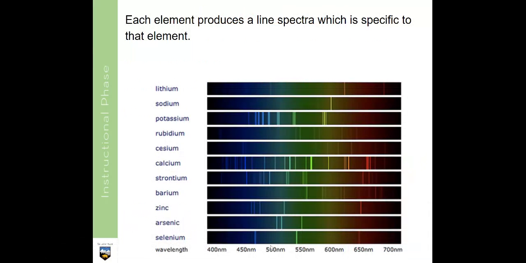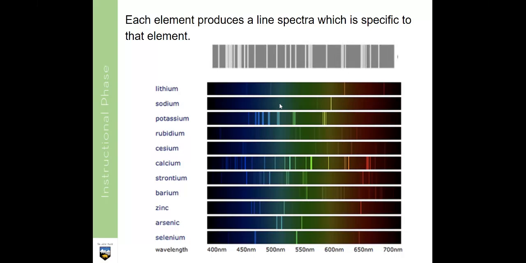So as I've already mentioned, each element produces a line spectra, which is specific to that element. So you can see you've got the wavelength at the bottom along here, and then you've got these absorption lines. And these lines will allow us to identify what metal ion is present.